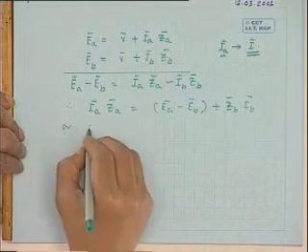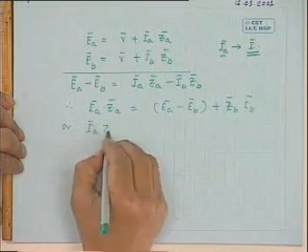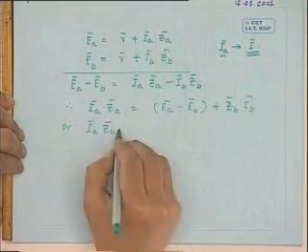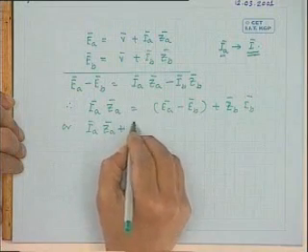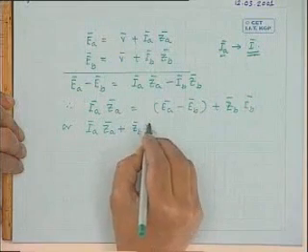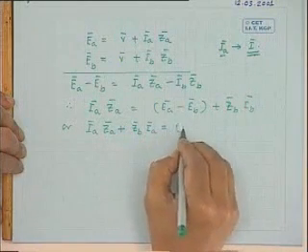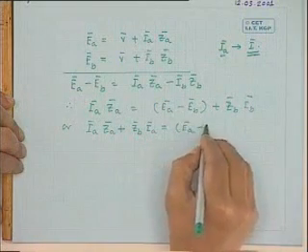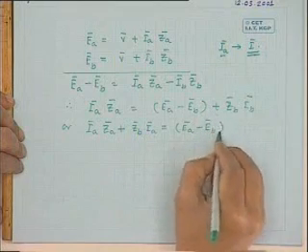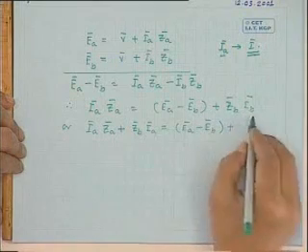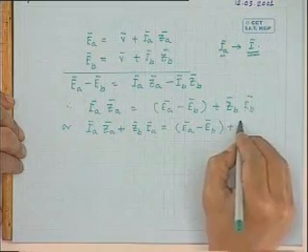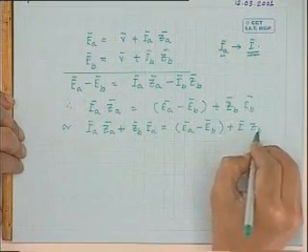Now, what you do, you add to both sides this quantity, ZB bar IA bar, such that this will become I bar into ZB bar.